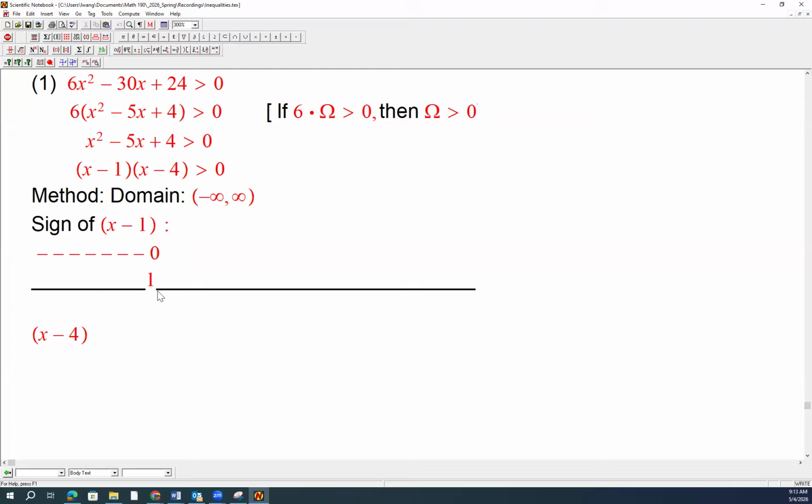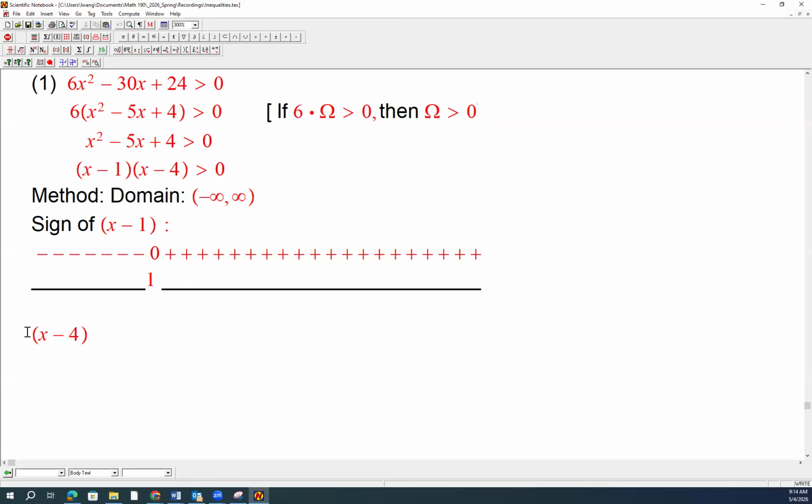If I select any number larger than 1, say I select 5, plug in 5 minus 1, that is positive. So for all the other numbers, I get positive. And this pattern is correct, so you can test it, all right?